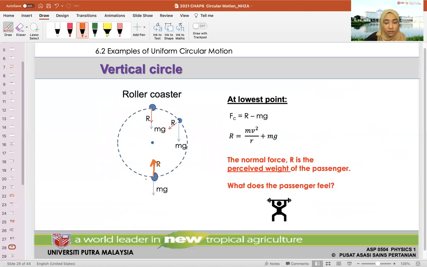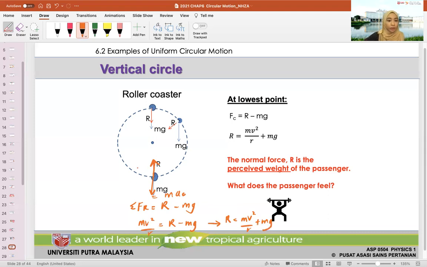So our normal force is this way and this is our mg, so net in the FR is r minus mg, mac. So this is going to be mv squared over r equals to r minus mg. And in this case, your r is going to be equal to mv squared over r plus mg.